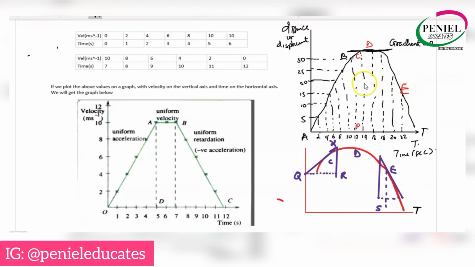All right, so the velocity of the body at any instant. For example, if you look at this instant C here, instant D here, and instant E, the velocity of the body is then given by the gradient of the tangent at C. If we have the tangent here, which is C, we can have tangent C to be XR over QR, which is QR here.